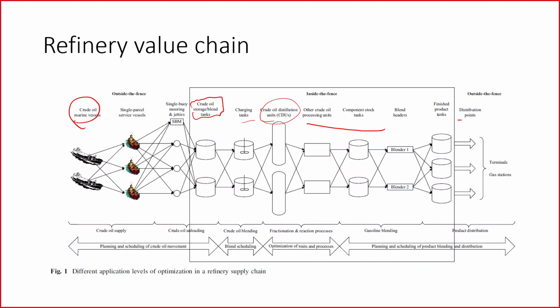Then we distribute them from our refinery to terminals or gas stations or whatnot. So right from where the crude oil is purchased up until the gate of the refinery, then within the refinery, and all the way until the customers, this is what we call the refinery value chain.